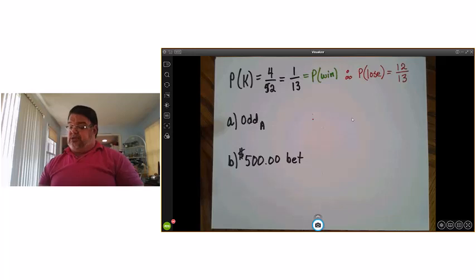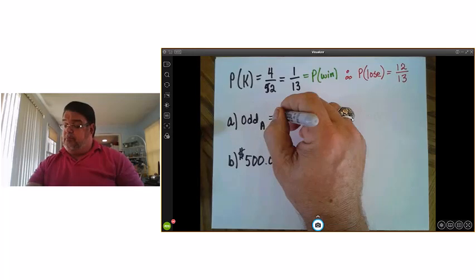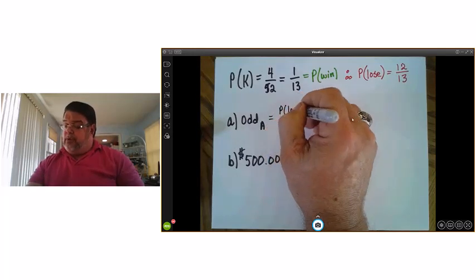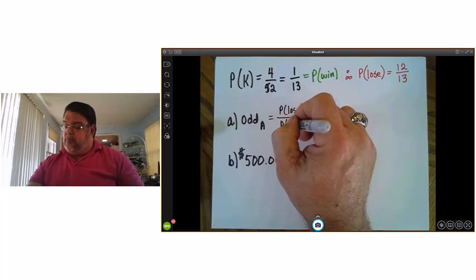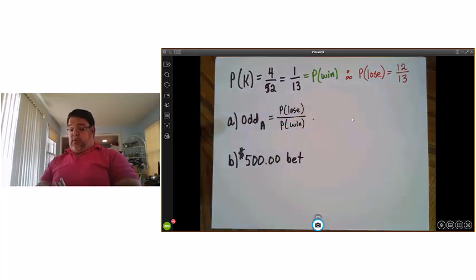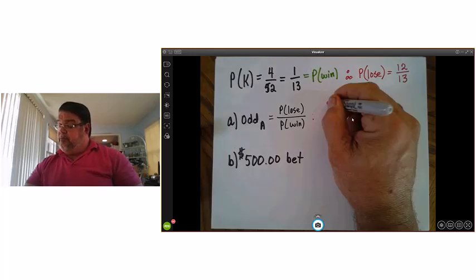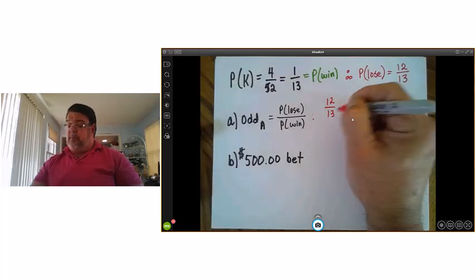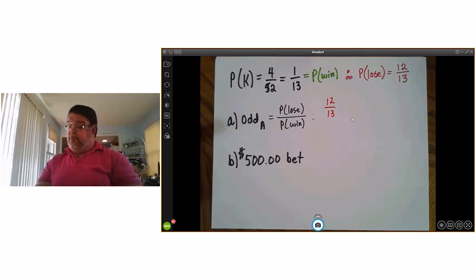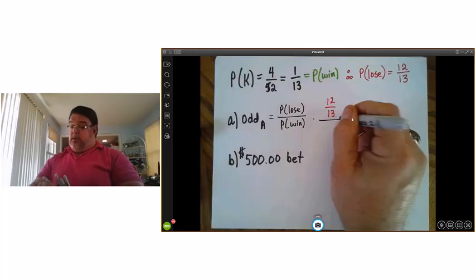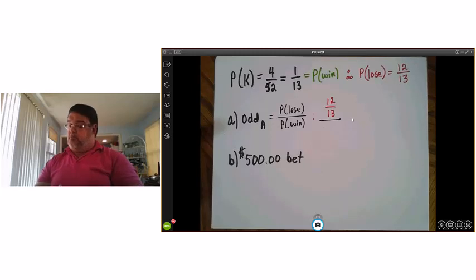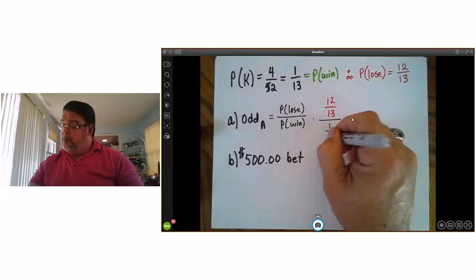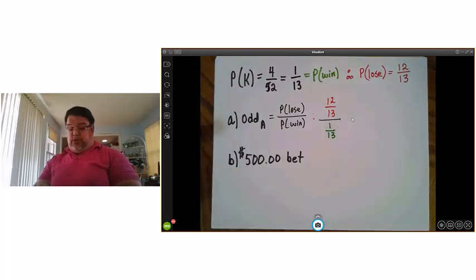So odds against would be the probability of losing over the probability of winning, which is equal to 12 over 13 divided by 1 over 13. And when you divide by a fraction, you multiply by the what?